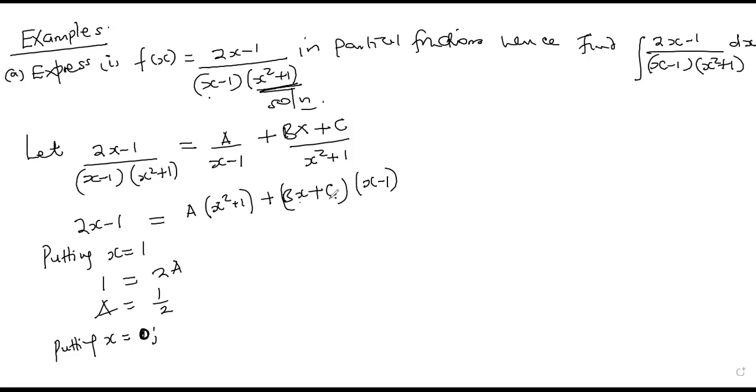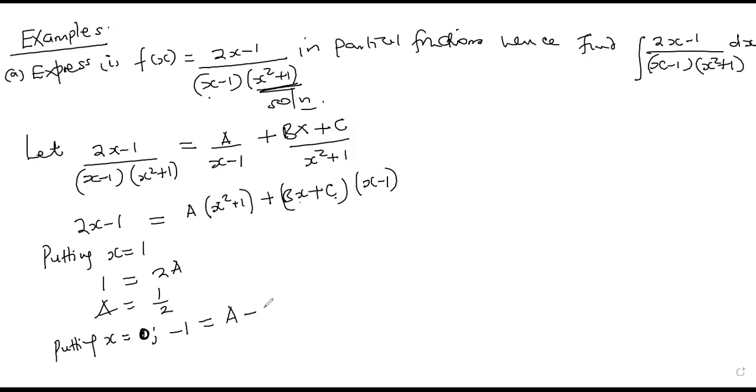However, I told you there is an alternative of expanding this, then equate. But if you put x as 0, here it is going to be -1 is equals to the whole of this is 0 plus this. So it is A. Remember, you already have A. So it is A. Then this is 0, C.